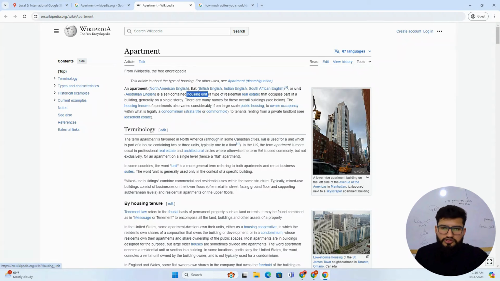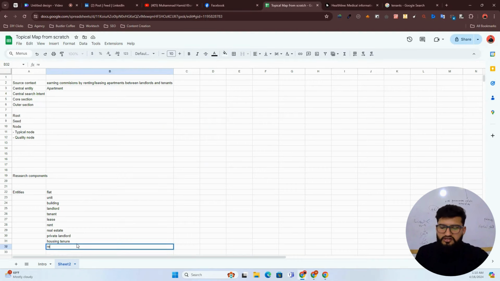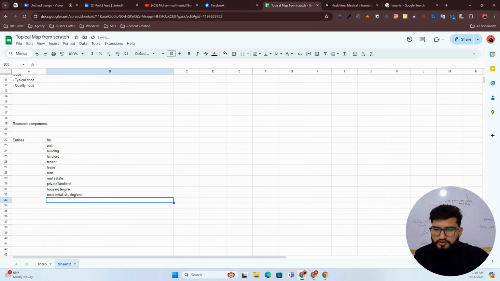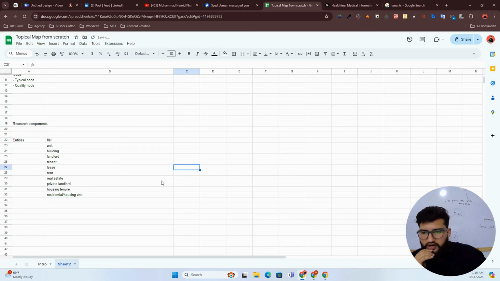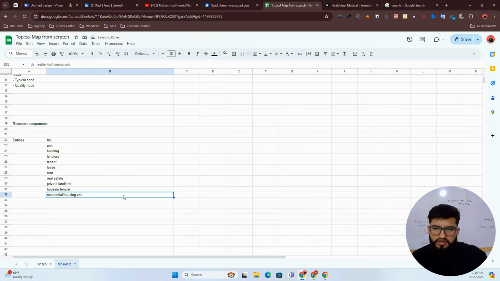Housing unit we have covered as unit. So yeah, residential real estate. This is what we have to cover. Residential, not commercial. We have to separate residential. We have to cover the attributes that define the residential housing unit, and here we can take the part residential or housing unit.